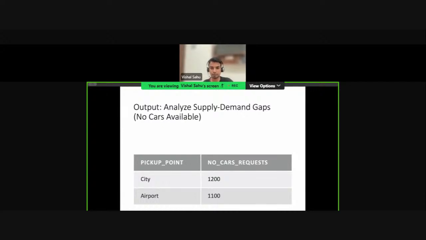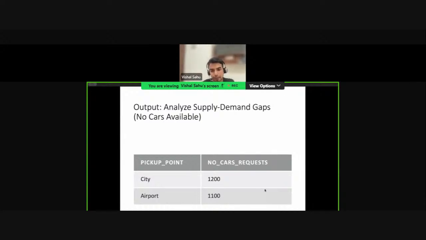Let's suppose in Delhi there is CP, where we are getting a lot of errors of no cars available. So maybe for CP we need more cars available and to enroll more drivers. Sometimes we deep dive into such analysis to see the depth of this data.